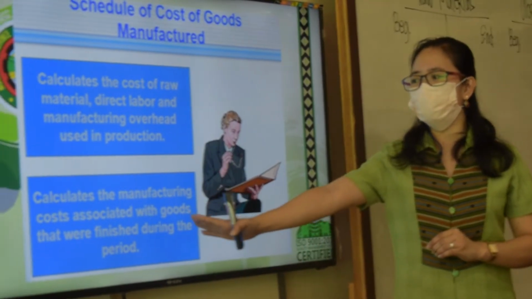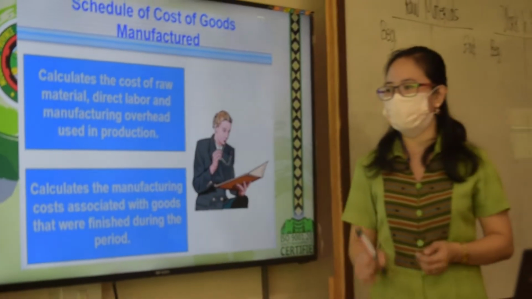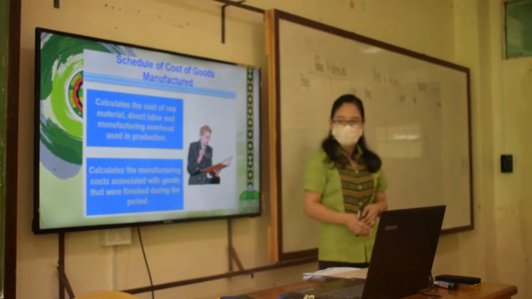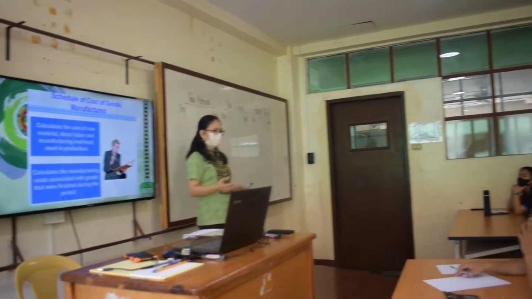This schedule calculates the manufacturing cost associated with goods that were finished during the period. Remember, not the goods finished at the beginning of the period. That's the schedule of cost of goods manufactured.